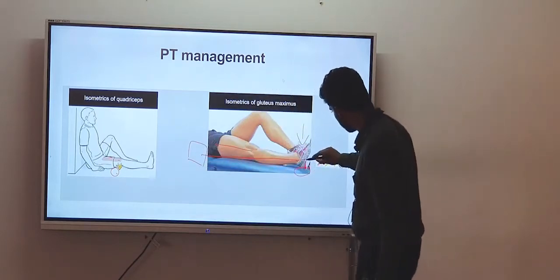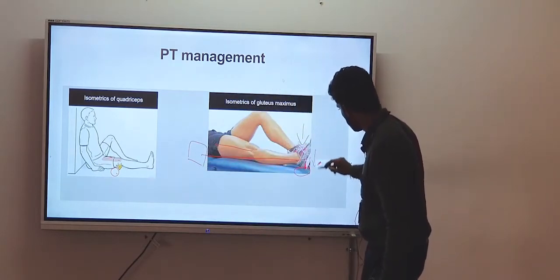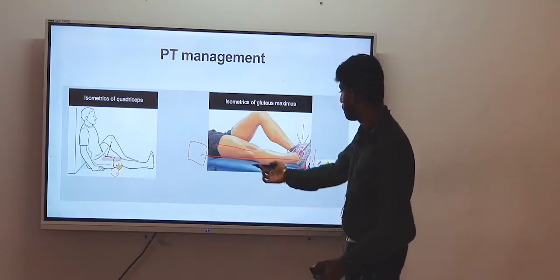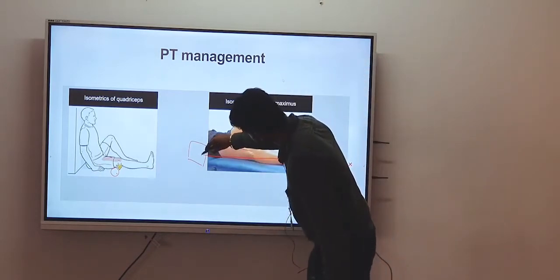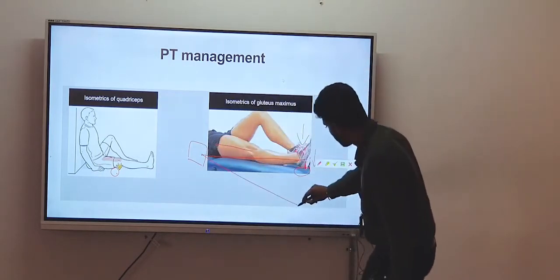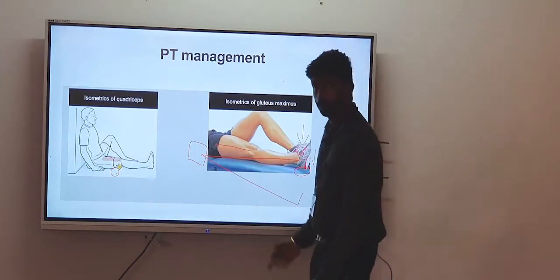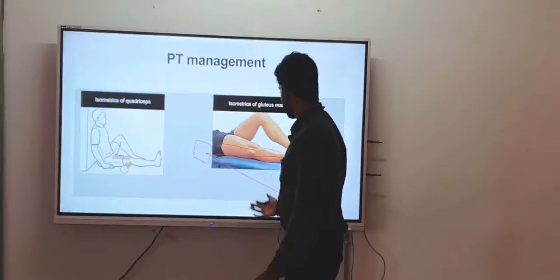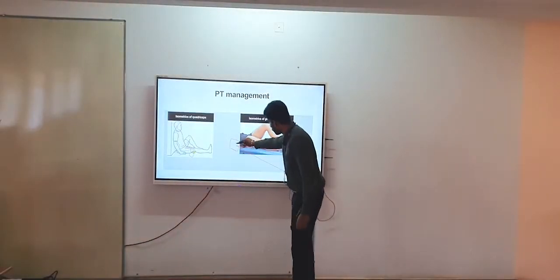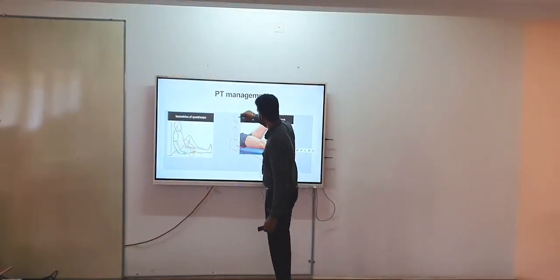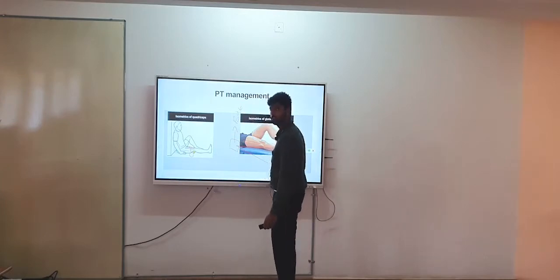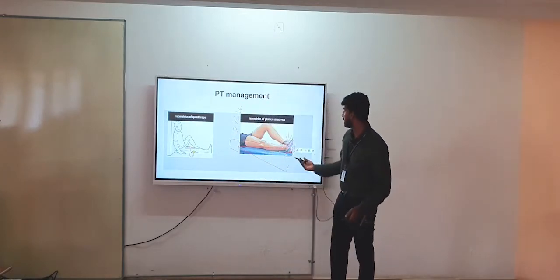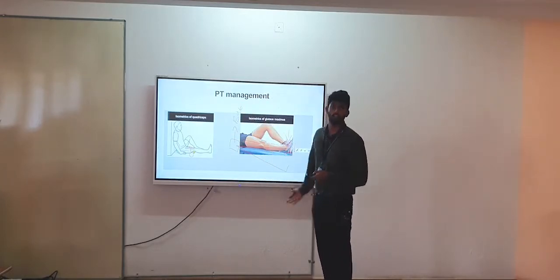If the person is pressing down, the hip will come backwards like this. When you are lying supine, if you press behind, the person's hip will come back, which creates the extension movement. So this is the way you can give isometrics for the gluteus maximus.